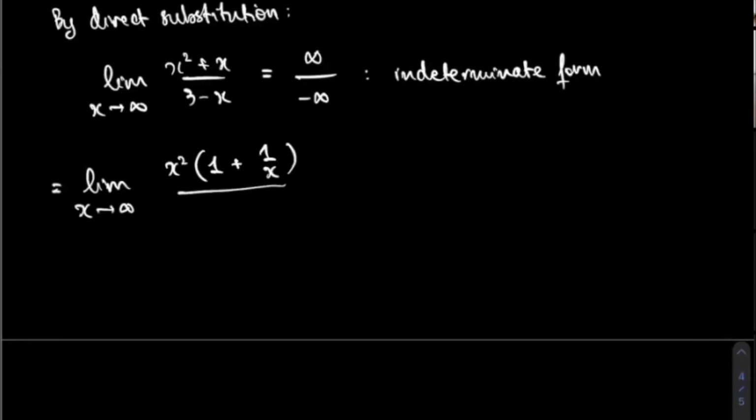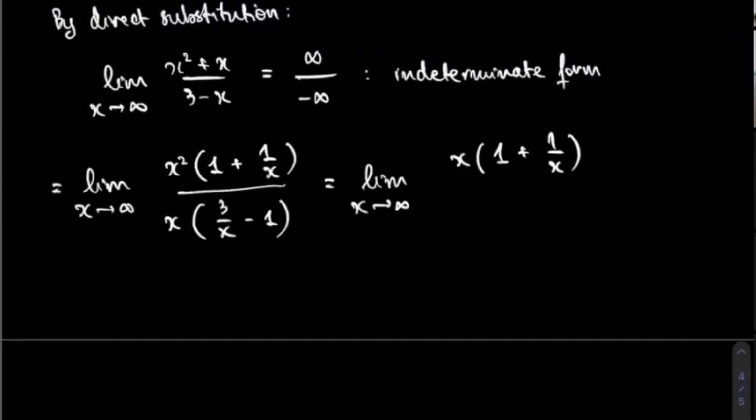And the highest degree in the denominator is x, so you have 3 over x minus 1. You simplify it and you're left with the limit as x approaches positive infinity of x times 1 plus 1 over x, divided by 3 over x minus 1.